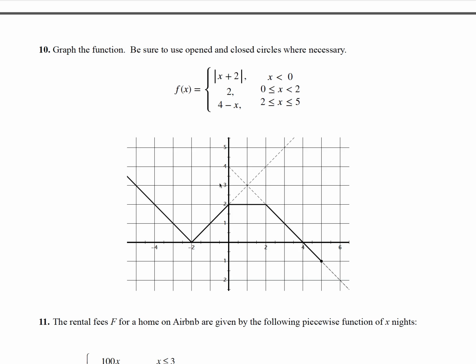So the absolute value function is just a V, and it's translated 2 units to the right, and so that's what this is here, absolute value. And then the next function is the constant function.